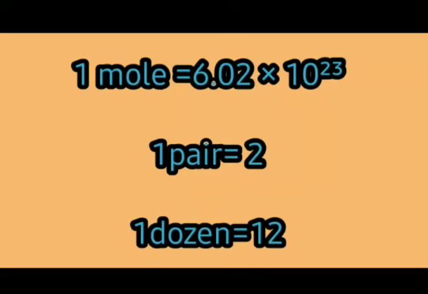Then how many numbers have you given? That is 6.02 into 10 to the power 23 eggs. Clear all of you? Mole is nothing but just a number, just like other numbers. To calculate the mole, you take that number equal to 6.02 into 10 to the power 23.